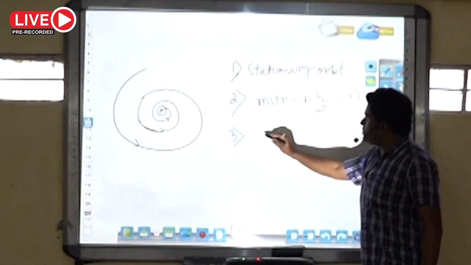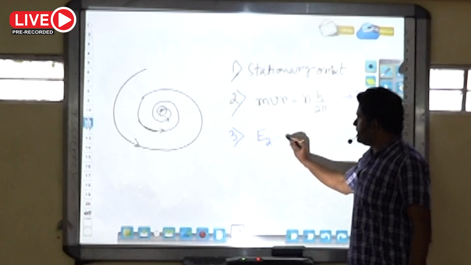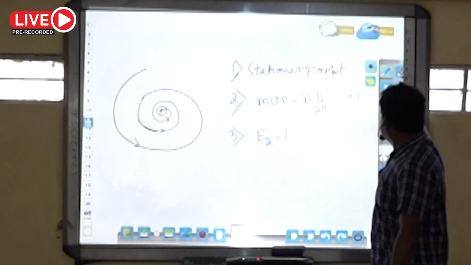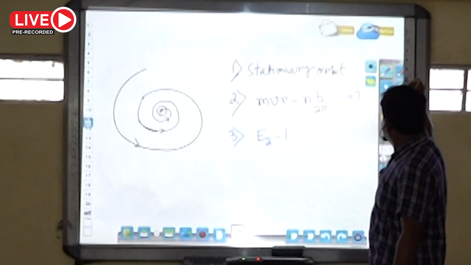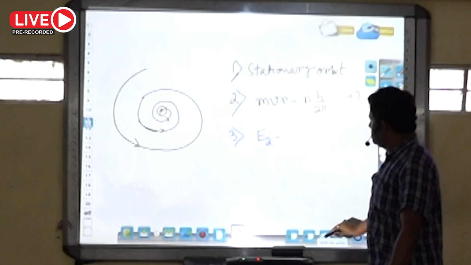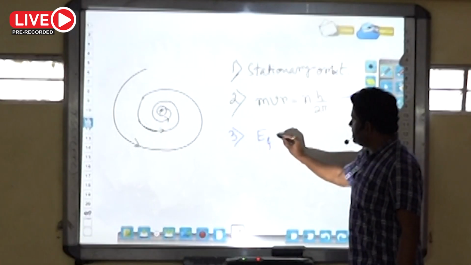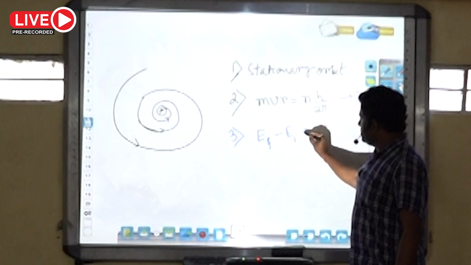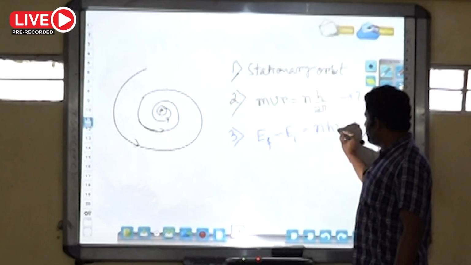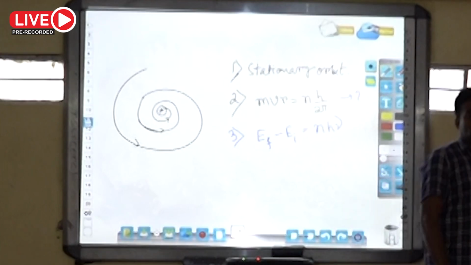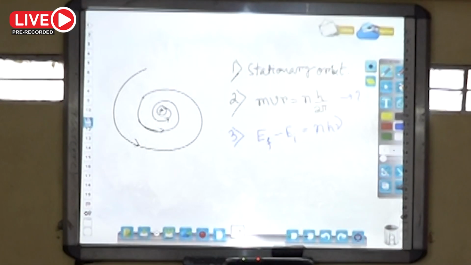If you calculate the difference of energy, E_F minus E_I, suppose, then it should be an integral multiple of h nu, because energy is considered quantized, like energy packets having energy h nu, and it should be an integer number of packets.